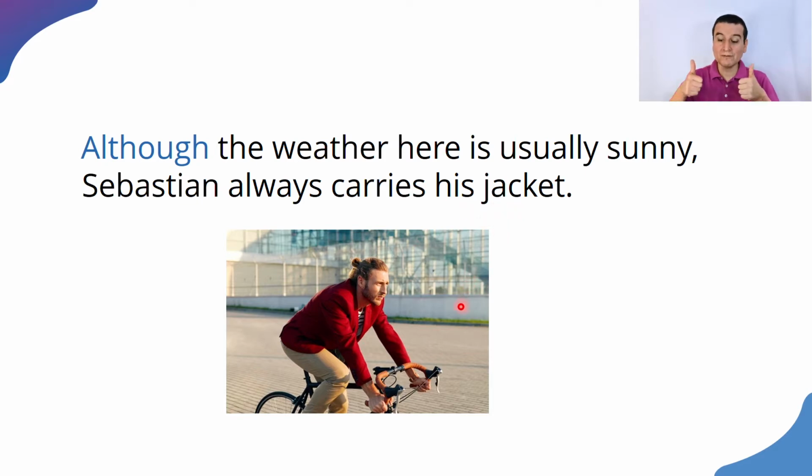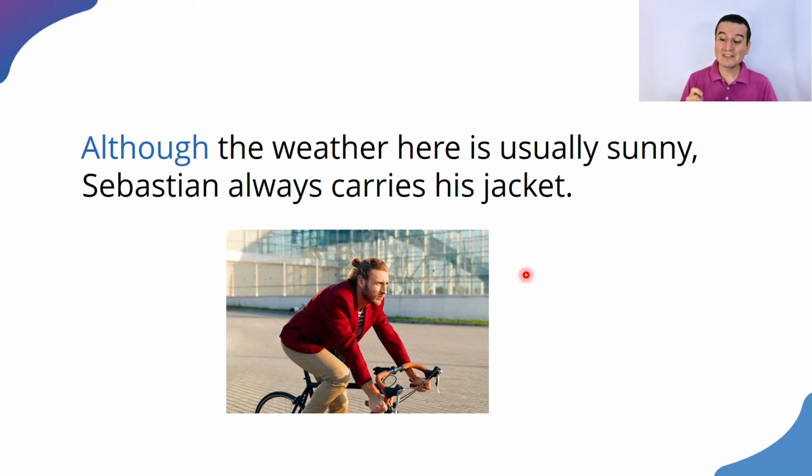Let's see. Weather, nice. Carries a jacket means that you're cold or you're expecting a shower, rain. So in that case, what relationship is there between the weather being sunny and he carrying a jacket? Think for a moment.